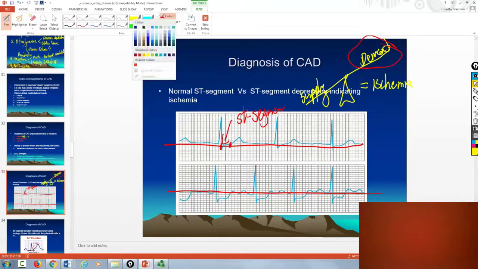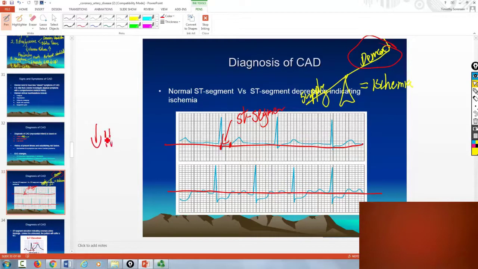So, and this is really important, the lower your heart rate and systolic blood pressure are when ST segment depression occurs, the more narrow, the more blocked that coronary artery is.